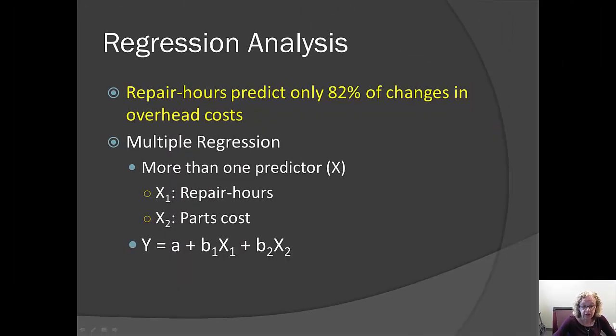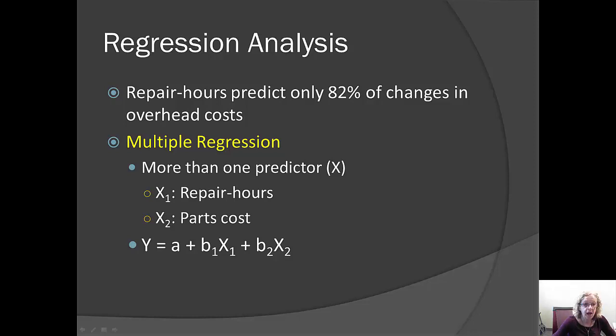Now, here's the problem. Our model tells us that repair hours only predict about 82% of the changes in overhead cost. So Charlene was wondering whether there might be another predictor variable at work. So she decided to do multiple regression.